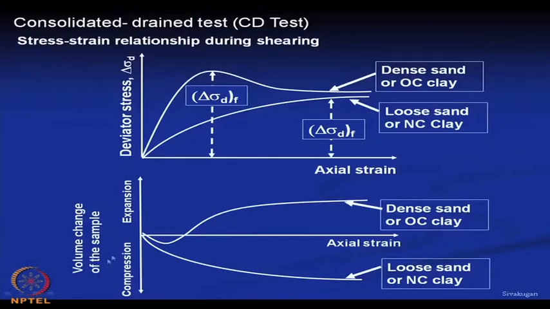But if we again apply the load, then this dense condition will become a loose condition, that means the voids between the soil particles will increase. Once it becomes very dense, if we apply more stress, the pore volume will increase. That is why the volume changes for the dense sand.